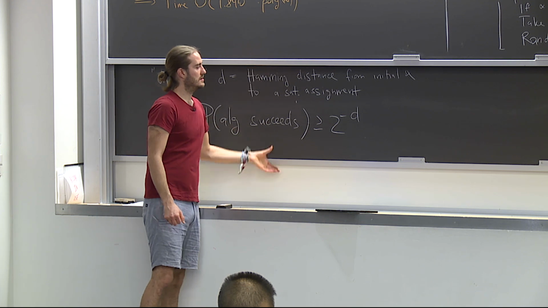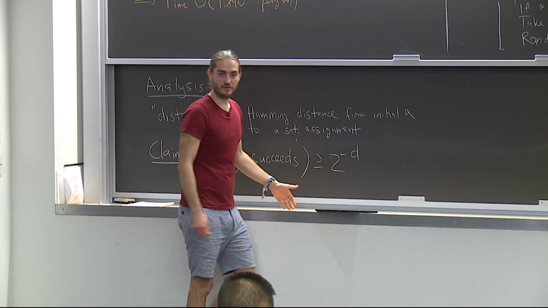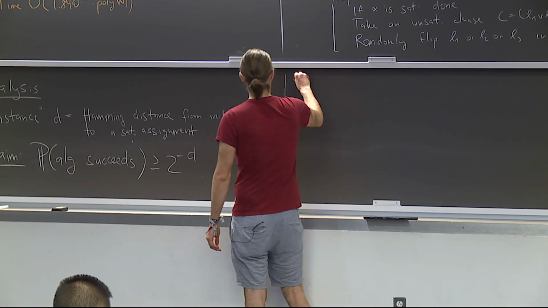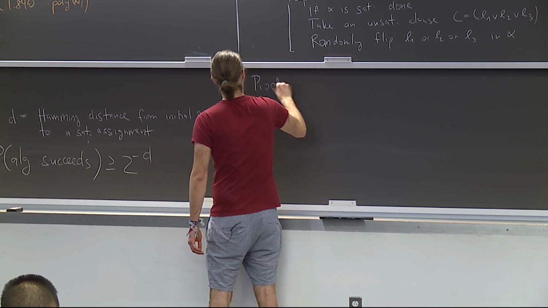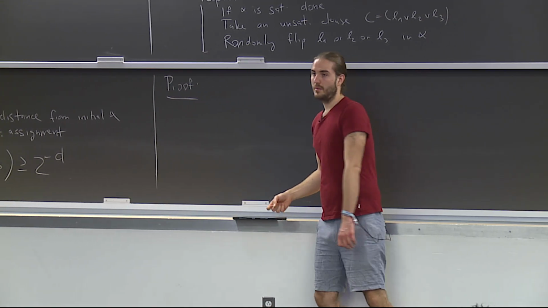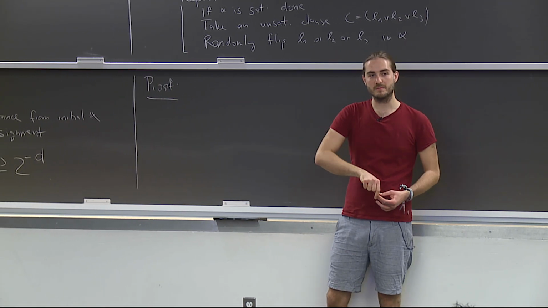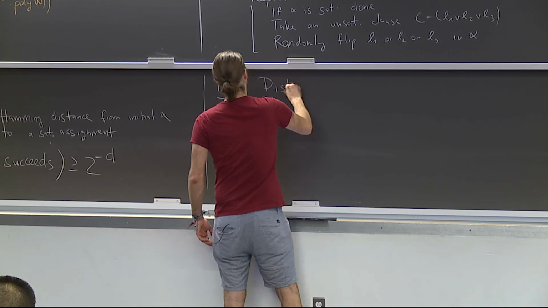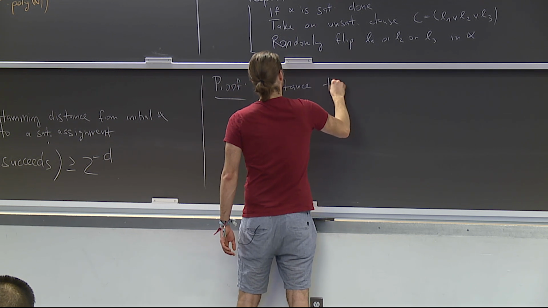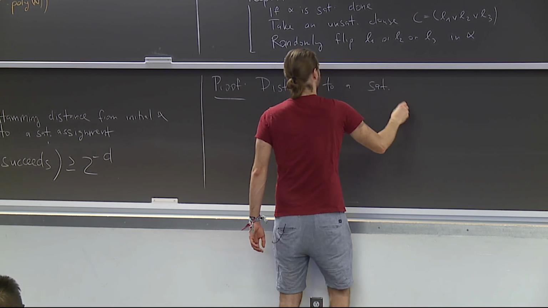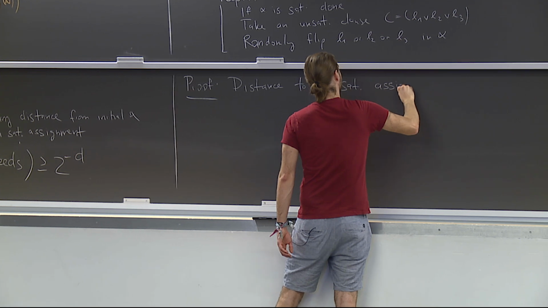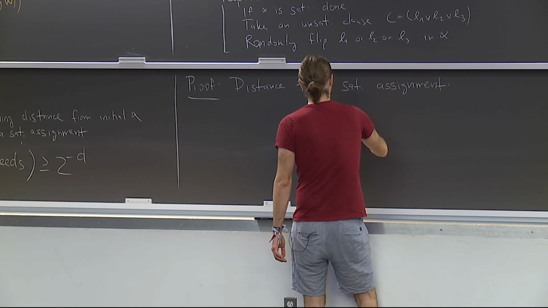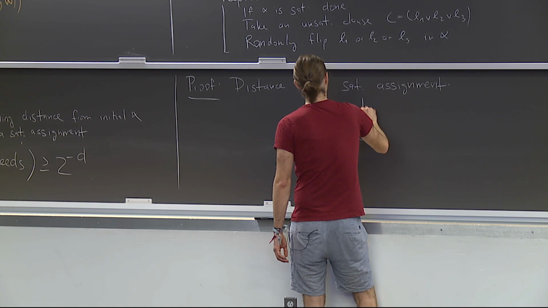So the success probability of the algorithm is 2 to the minus d. This is the claim, and here's the proof. Let me model the distance from the current assignment to an optimal satisfying assignment as a random walk.